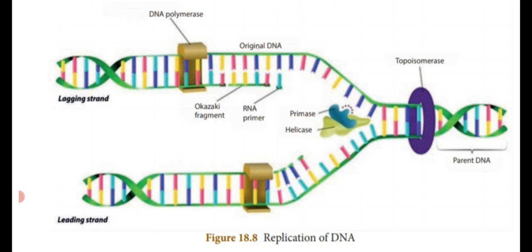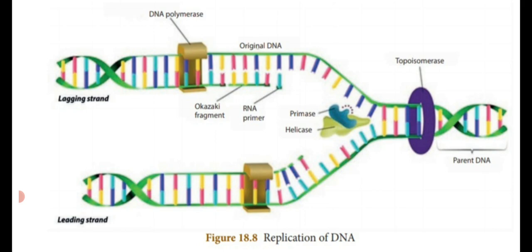One strand shows the continuous replication, and that is said to be the leading strand. In the other one, the replication takes place in the form of fragments, that is known as Okazaki fragments.